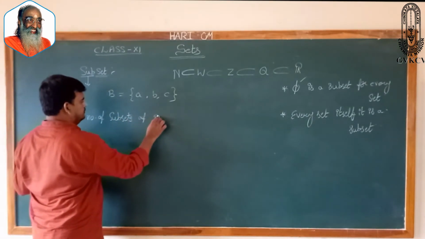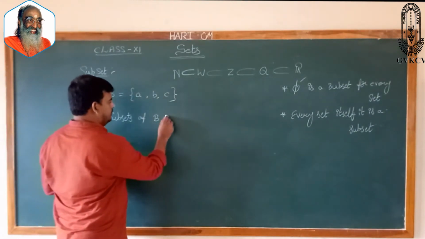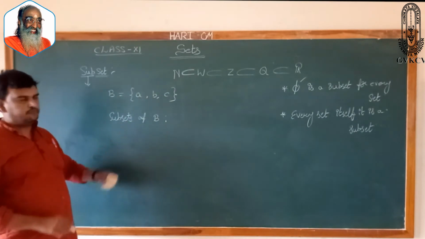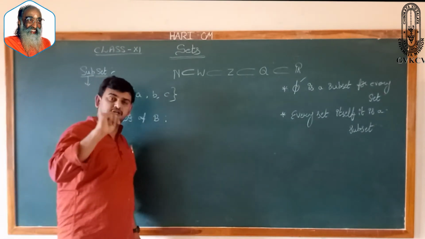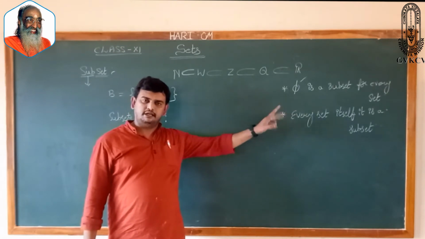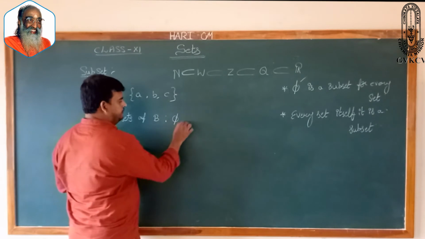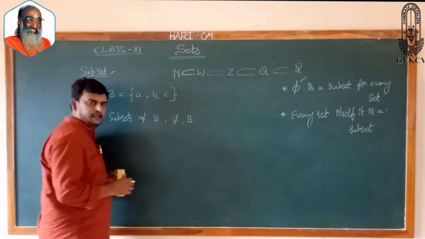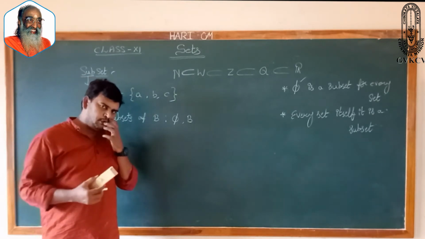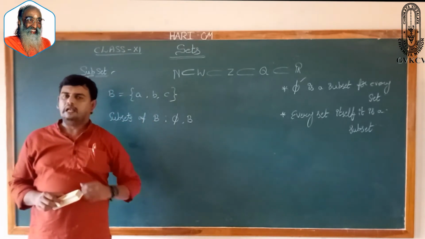First we talk about subsets of B, then the number of subsets of B. By default we know 2 subsets: the empty set is one subset, and the set itself is a subset. Let us write first the empty set and set B. I have 2 sets. Now still, as I told you in our previous example, list out every individual element.